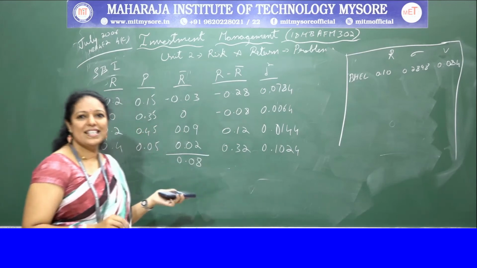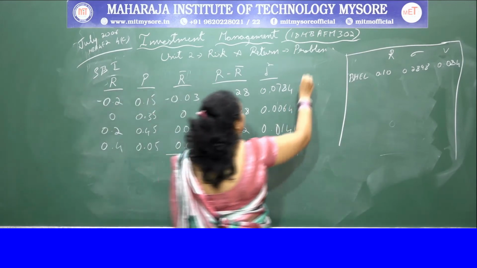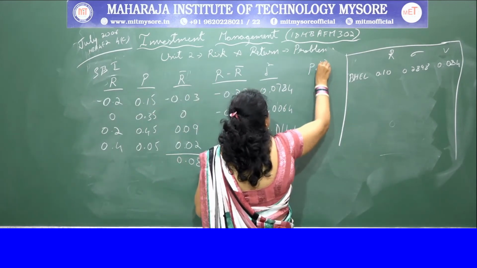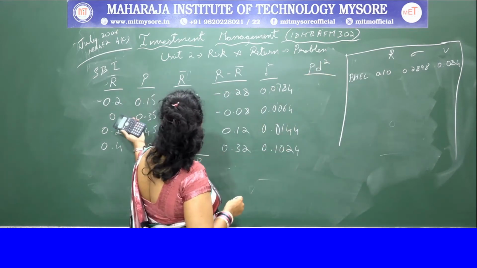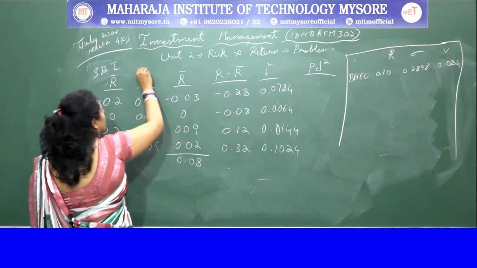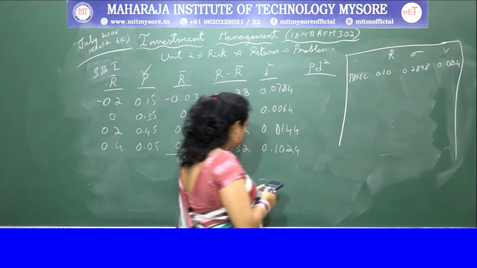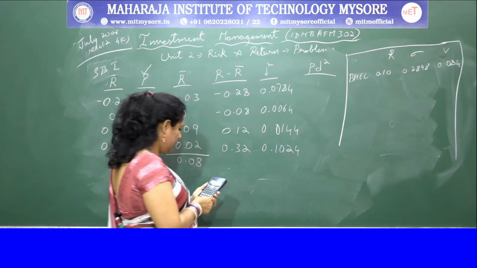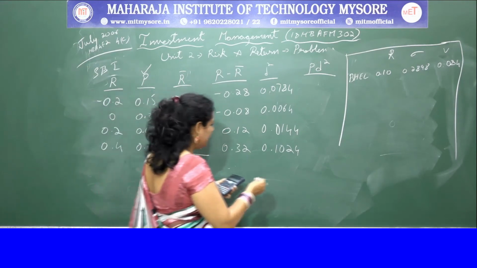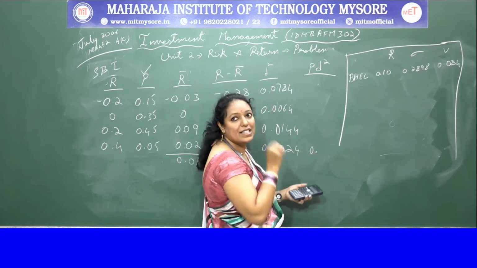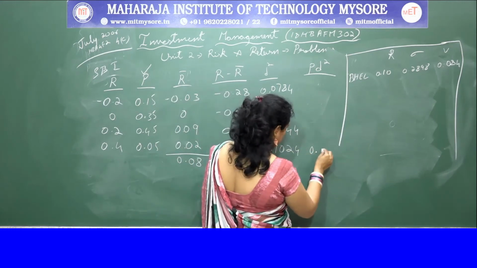Okay, once you finish this, again multiply this d square with the probability, that is your probability column. While doing this also you can do line wise, no issues. That is 0.0051.